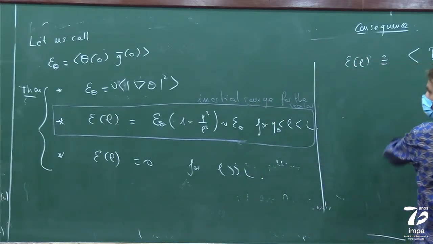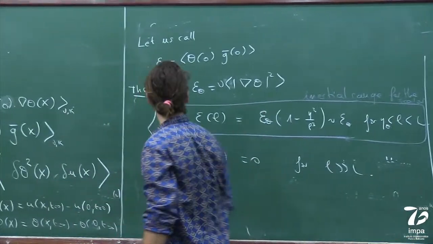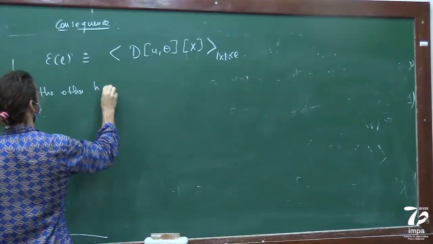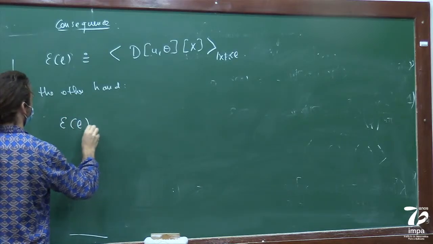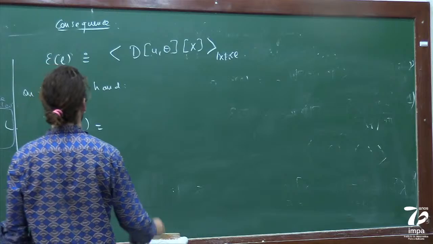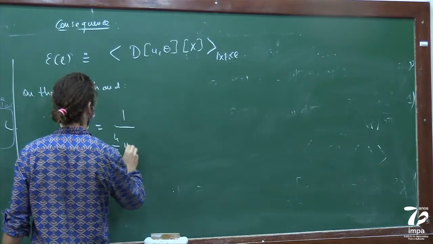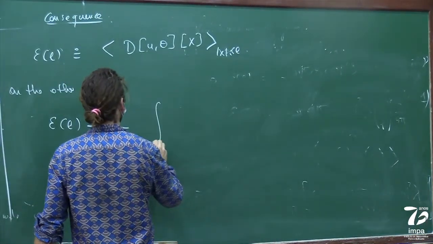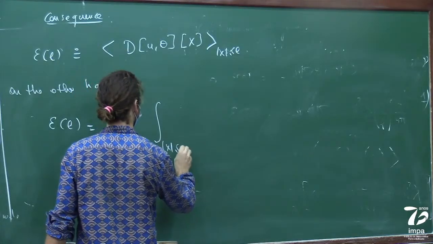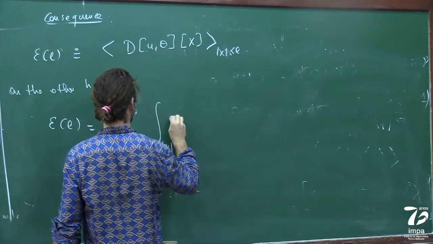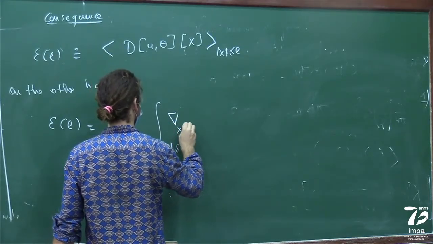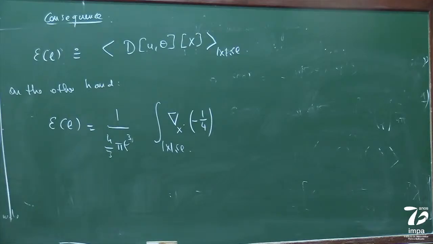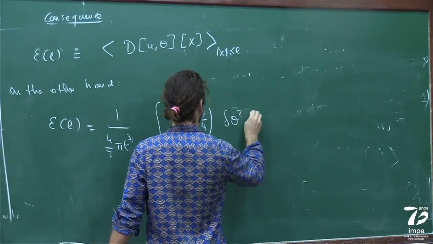And so if we take this guy and replace it by this expression, on the other hand, epsilon of L is 1 over 4/3 of pi L cube times the integral for x smaller than L of the divergence with respect to x of minus 1/4 of delta theta squared delta u.